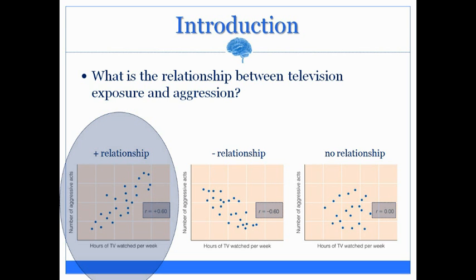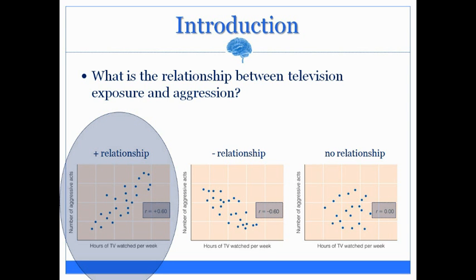Researchers have found that as individuals increase the amount of television, they get into trouble with the law more, they're a little bit more aggressive. But there is also some research that has found the opposite. Nonetheless, there is a pretty well established positive correlation between television and aggression.